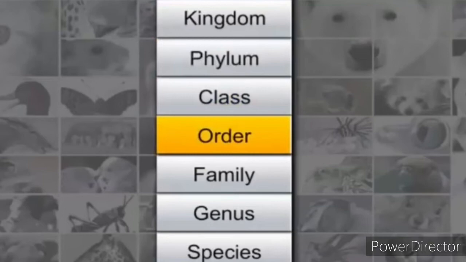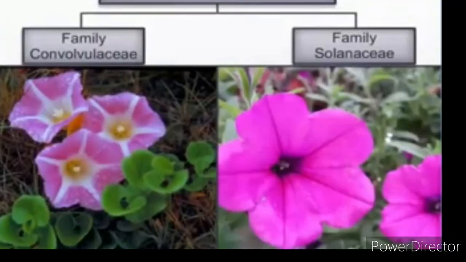Categories like species, genus and family are based on a number of similar characters. Generally, order and other higher taxonomic categories are identified based on the aggregate of characters. Order, being a higher category, is the assemblage of families which exhibit a few similar characters.